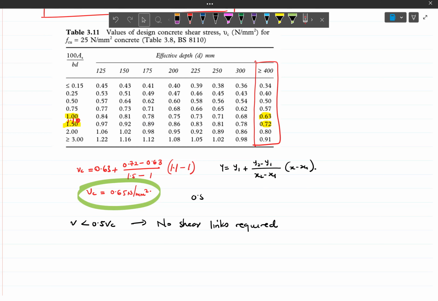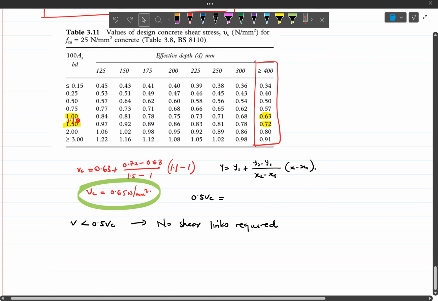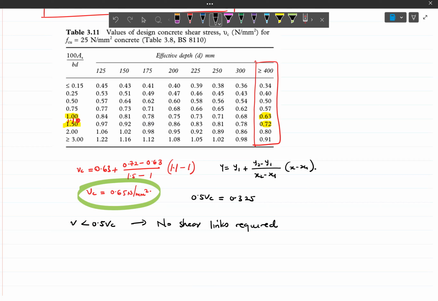Take a note, 0.5 VC is 0.325. So 0.24 is still less than 0.325.